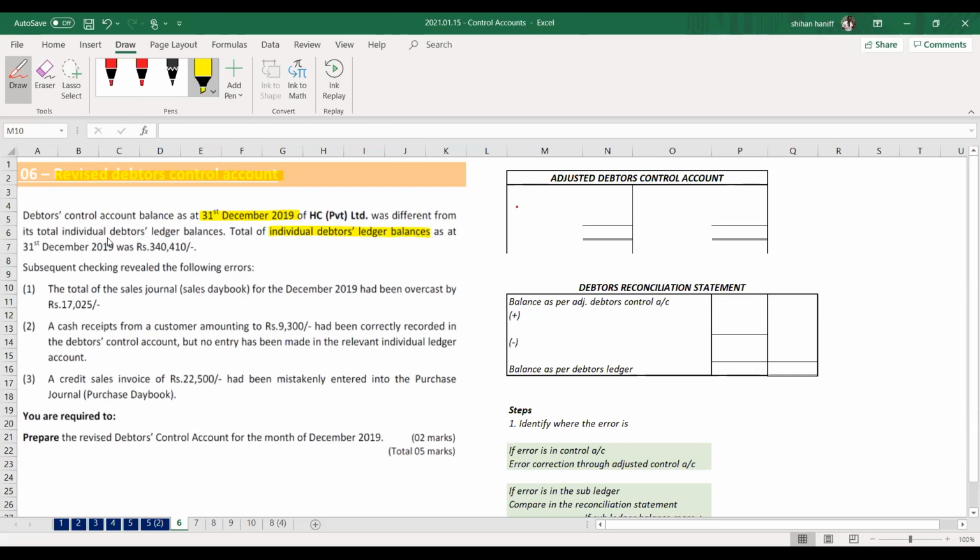Individual balance 340,410, right? And subsequent checking revealed the following errors.